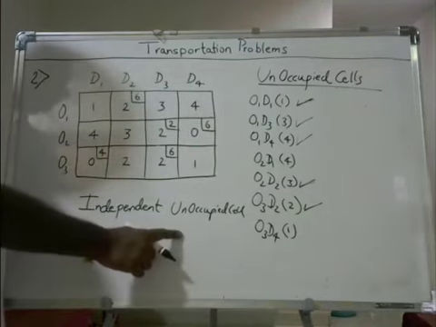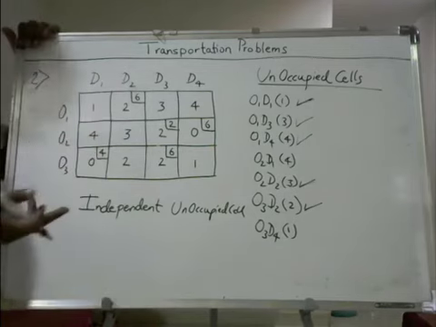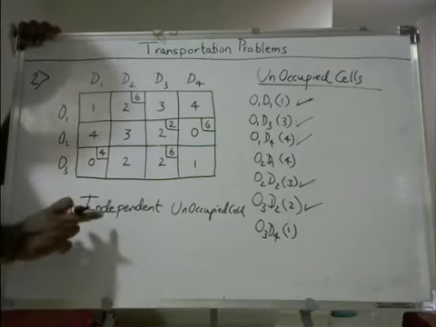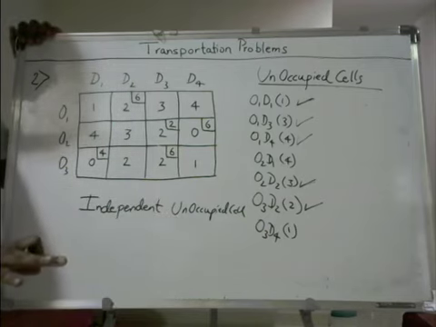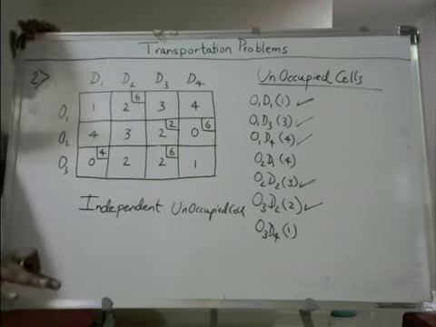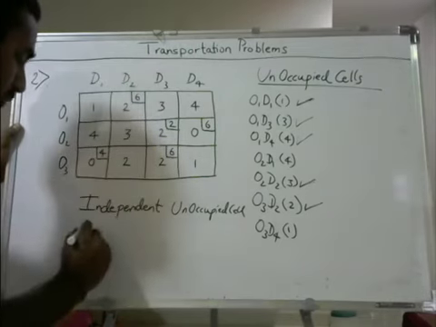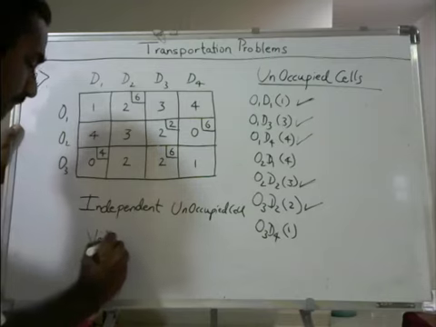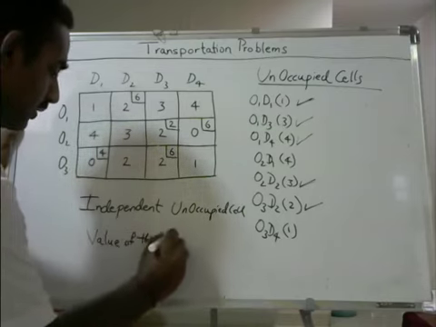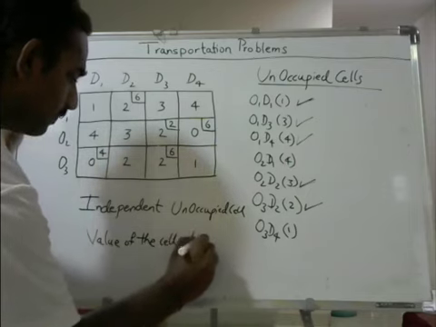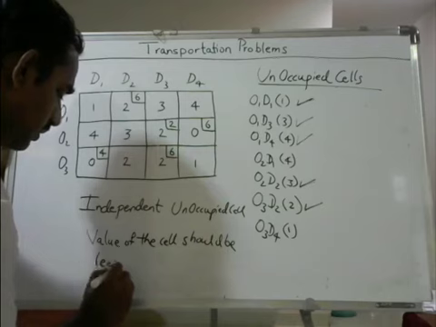5 independent unoccupied cells. Now we have to allocate in any one of the independent unoccupied cells such that the cost of that cell, the value of the cell, is the least.